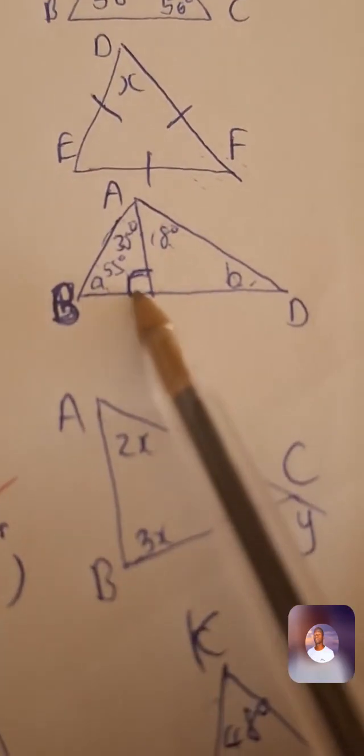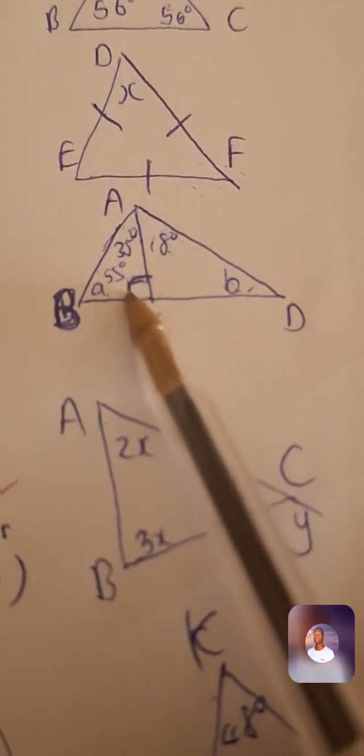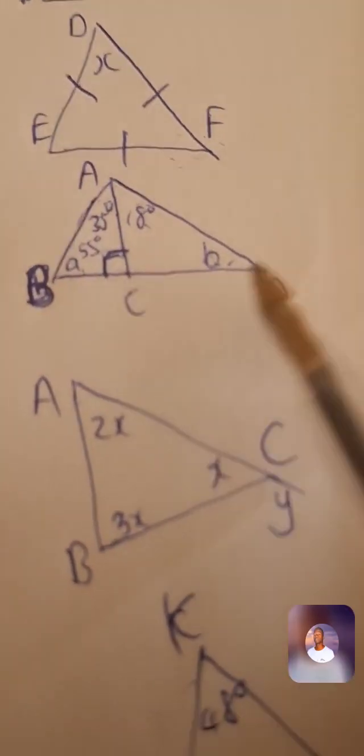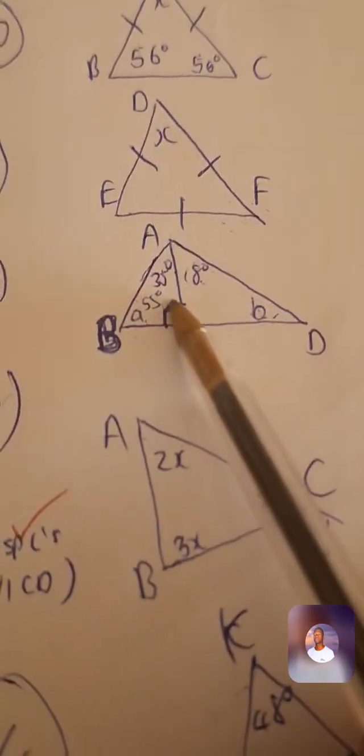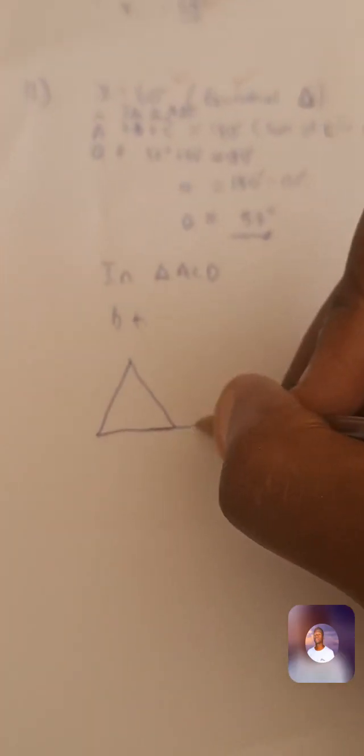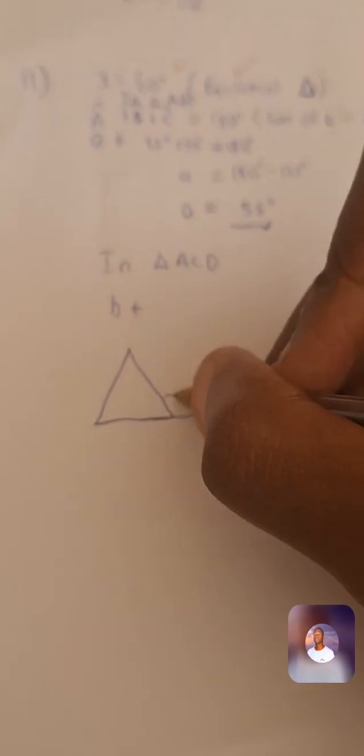Remember guys, for triangle ACD, this here is an exterior angle. Remember in grade 8, there's this theorem that says the exterior angle of a triangle is equal to the sum of the two interior opposite angles.